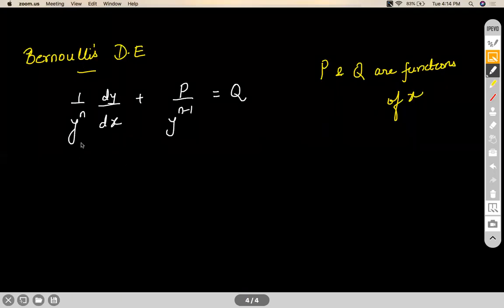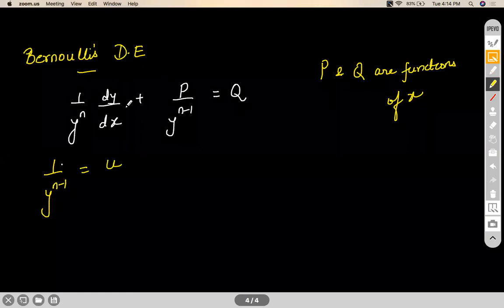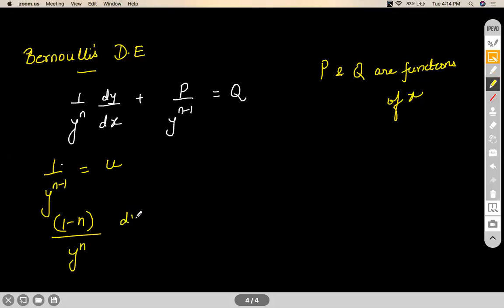Okay, so in this case, what we do is we take 1 by y to the power n minus 1 as u. See, this is not different from the previous case, right? It is just a small version of the previous case. So if you take this as u, let us differentiate both sides with respect to x. You'll get 1 minus n times 1 by y to the power n dy by dx is equal to du by dx.